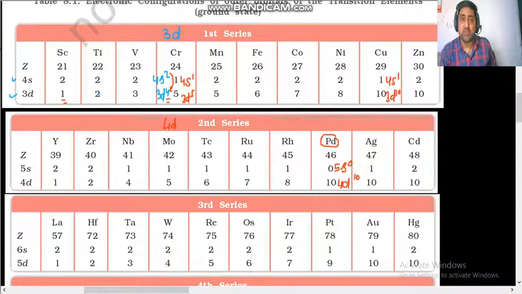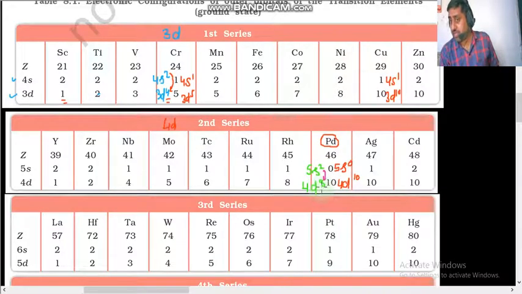Actually it should be 5s2 and 4d8. But what happens, due to the very small energy gap between the s and d subshell, the s subshell of the fifth orbit and the d subshell of the fourth orbit, these two electrons get transferred here.